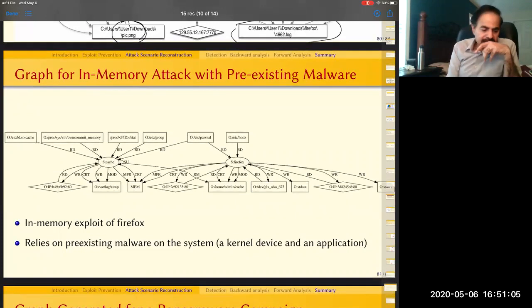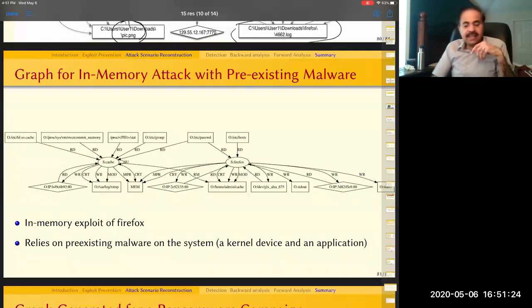Here is another example. The difference here is that there is no malware that's really being downloaded and run. Instead, the attacker downloads the malware into the memory of a running process and runs it right there.